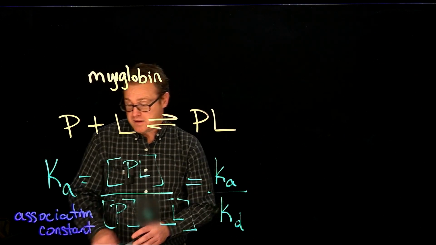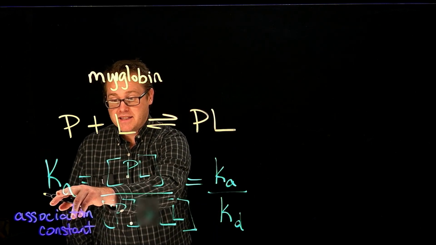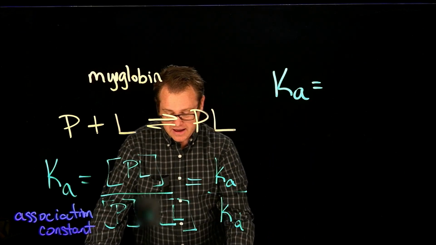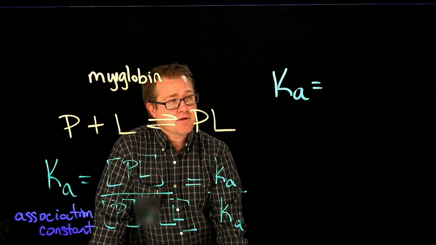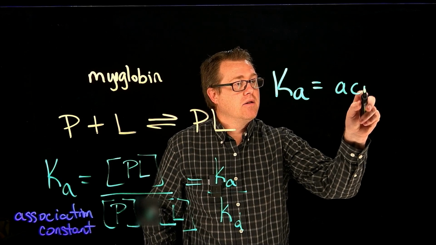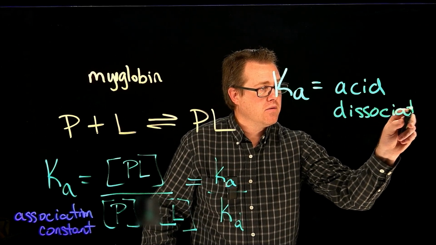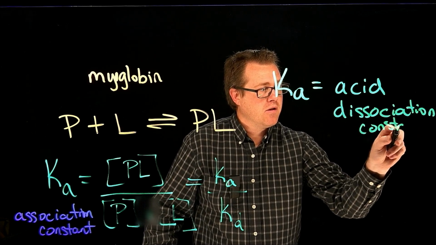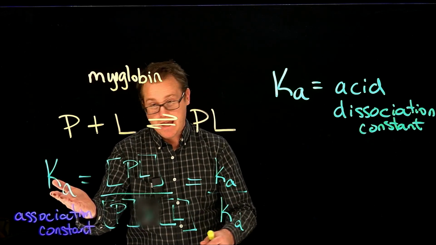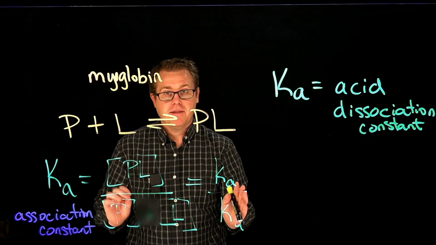Now, we have to take a little side note here. This Ka, you've seen it before. In organic chemistry and general chemistry, you called that the acid dissociation constant. The way it's been drawn, you would think that they're the same thing, but they're not.